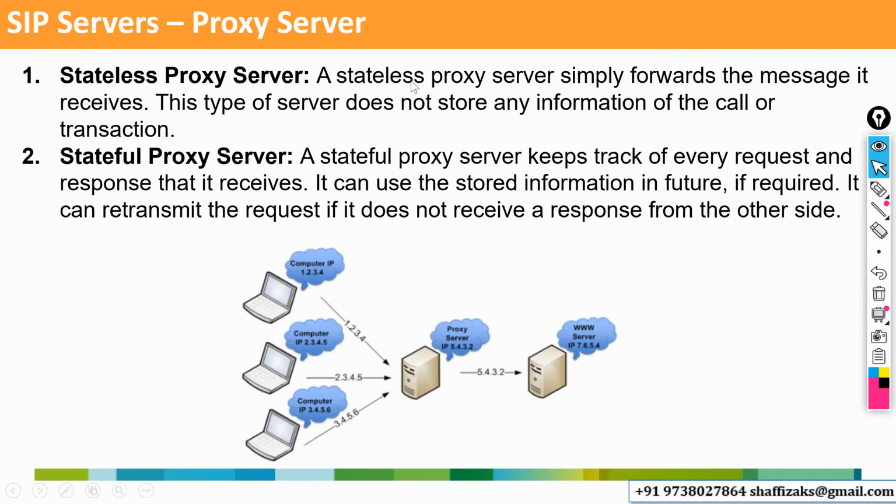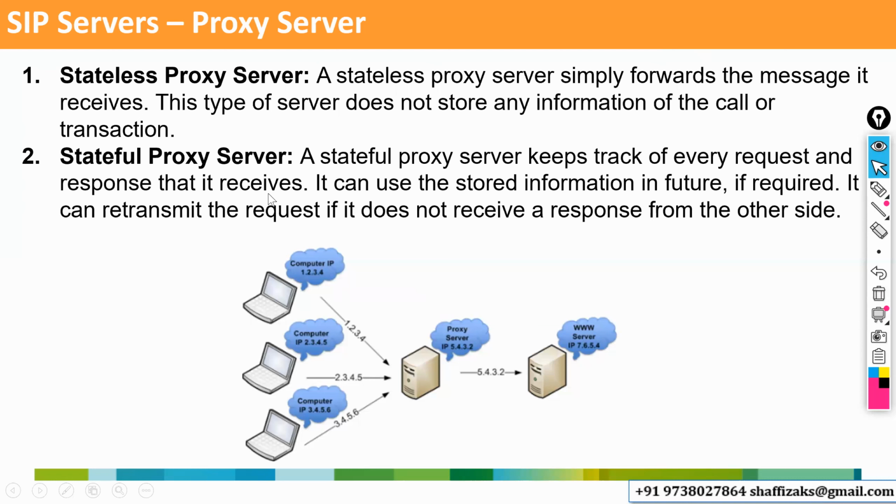A stateless proxy server simply forwards the messages it receives. This type of server does not store any information about the call or transaction. If anything is coming, it just forwards it. But a stateful proxy server keeps track of every request and response that it receives.